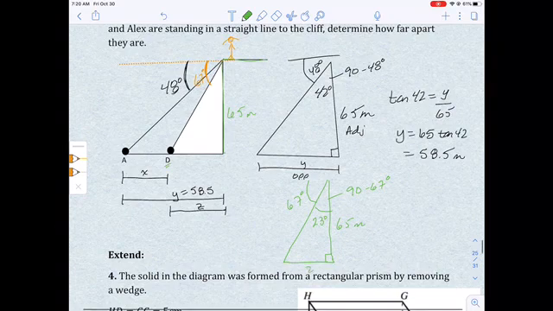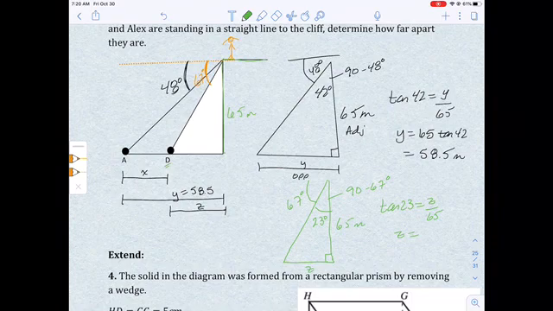And again, we're going to find the opposite. So tan of 23 is the opposite over 65. And that side length there is 27.5. Or 27.6 rather.